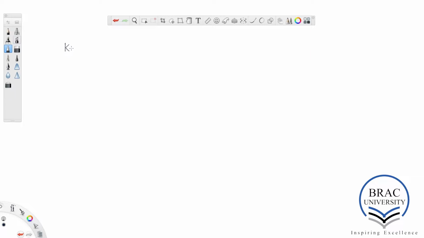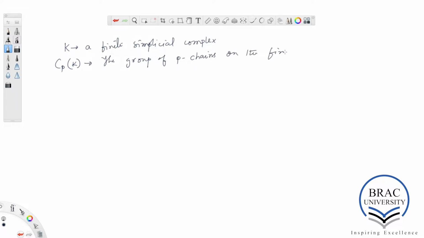We denote by K a finite simplicial complex. By Cp of K, we mean the group of p-chains on the complex K. We have seen in Algebraic Topology 1 that this is a free abelian group, and since it's a free abelian group, it has a basis.